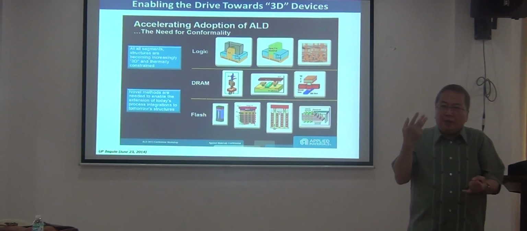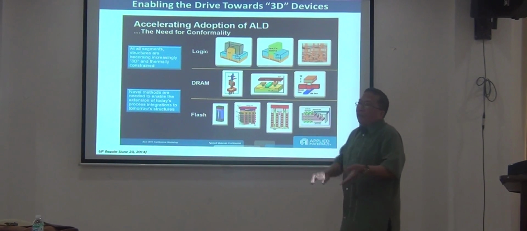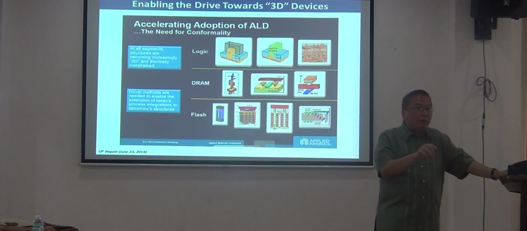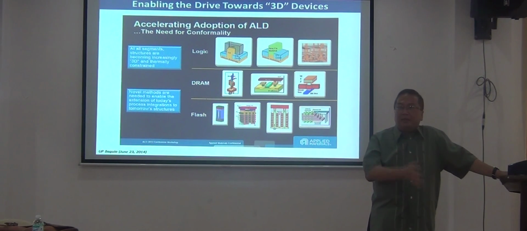It can be transistors, it can be for memories and things like that. But as a consequence of that, you need a way to be able to coat metal electrodes. You need to coat dielectric materials on these vertical structures, and there's no other way to do this except atomic layer deposition.